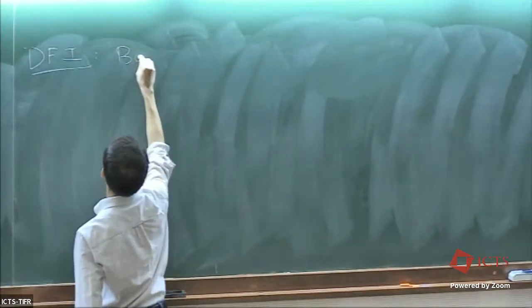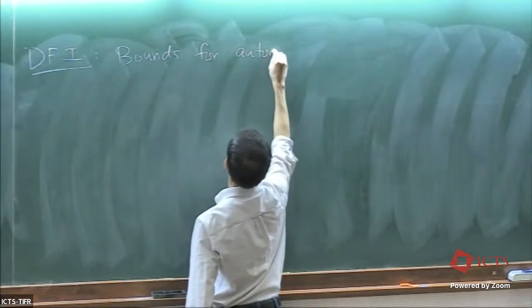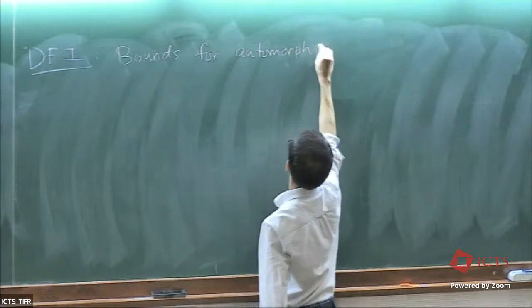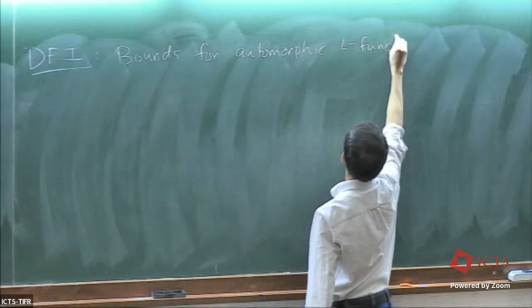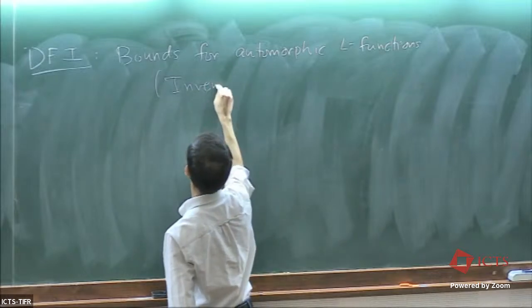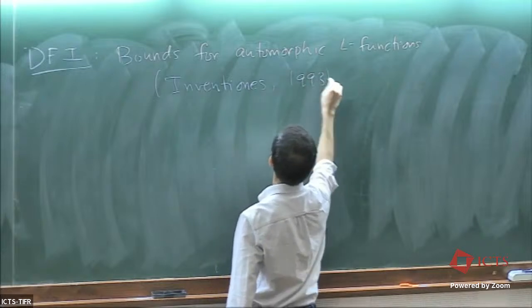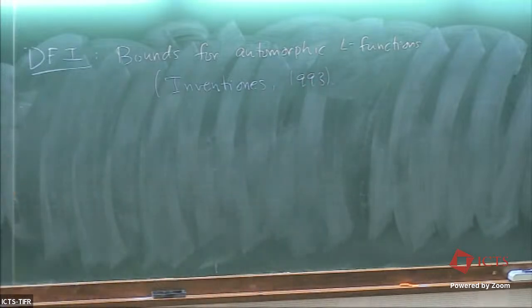This paper, if I remember correctly, is called Bounds for Automorphic L Functions. This appeared in Inventiones in 1993, and this is the first time they wrote down their delta method.